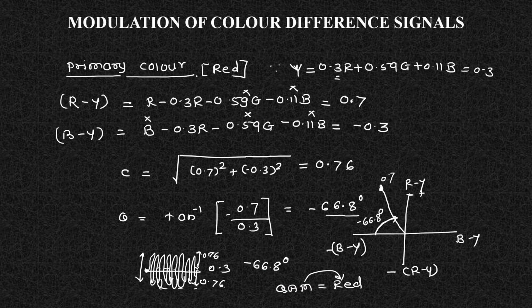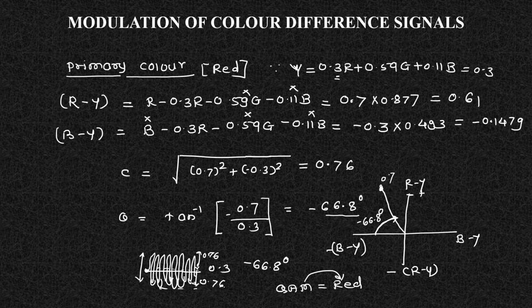So you can weight this factor with 0.877, and you can weight this factor with 0.493. The new components you will get are: 0.7 into 0.877, which becomes 0.61. I'll write here 0.3 into 0.493, which becomes minus 0.1479.